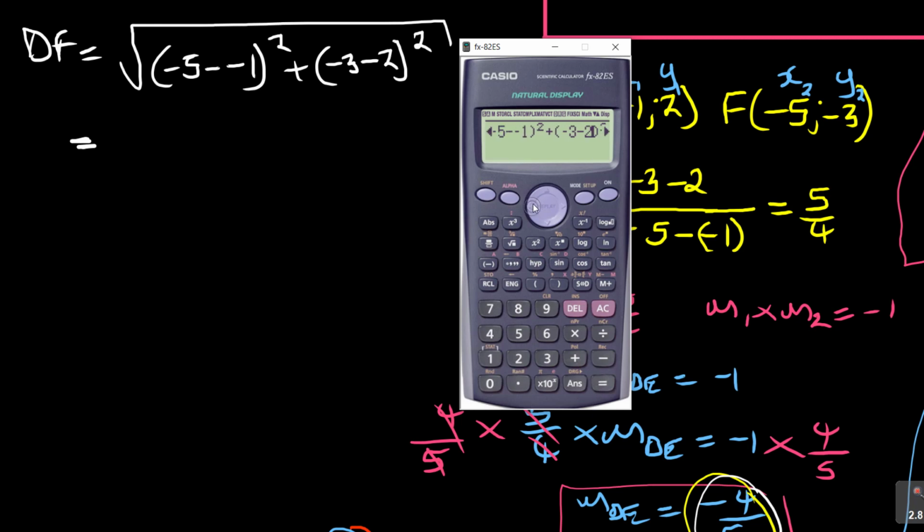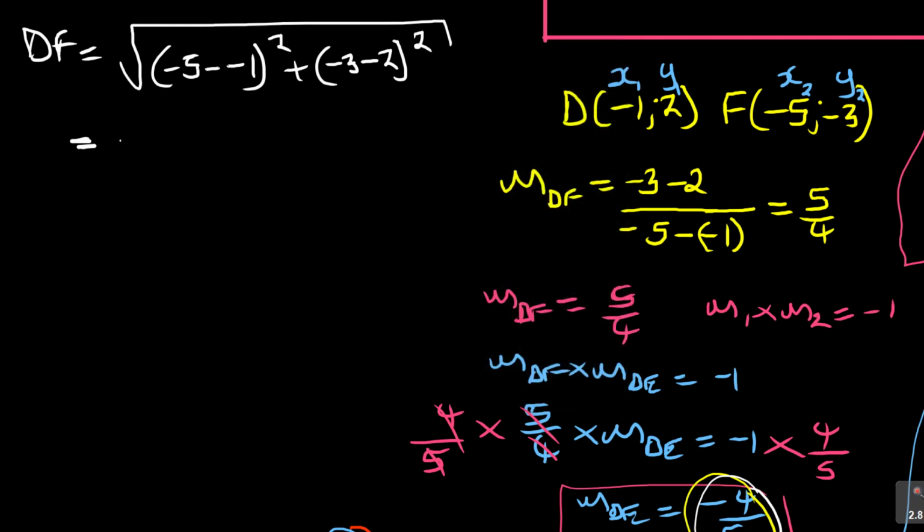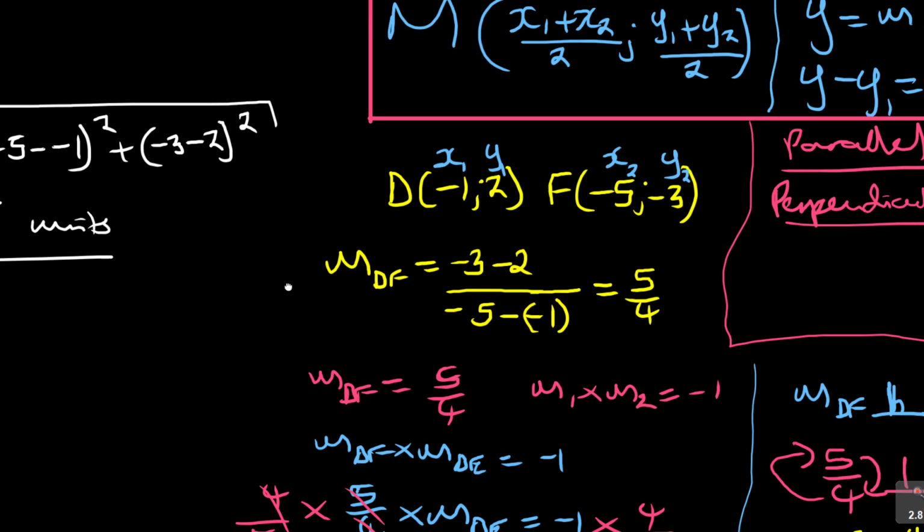If you wanted, but it doesn't look fine, change that to a plus. See, the square root of 41, nothing changes. So this is the square root of 41 units. That's the distance. Now that was our DF.